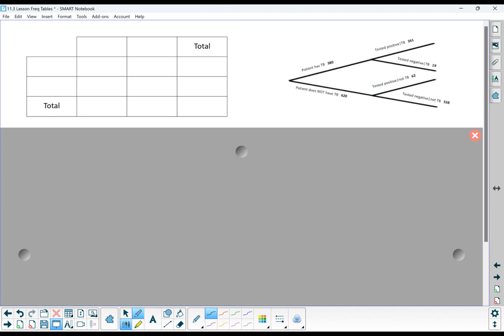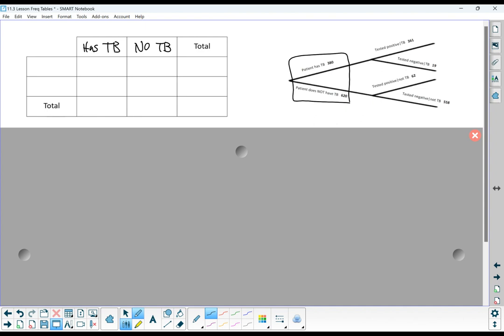So first of all, our first classification is either the patient has TB or does not have TB. So let's put those two here. And we're going to create a frequency diagram, so we want decimal values here.